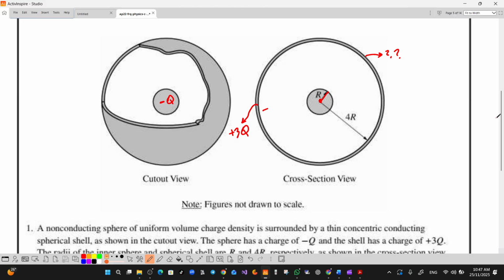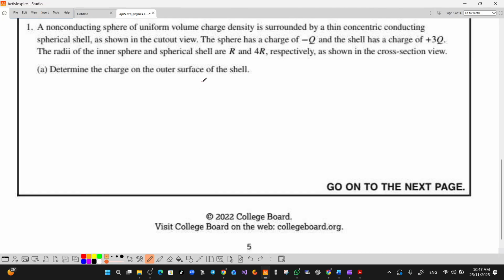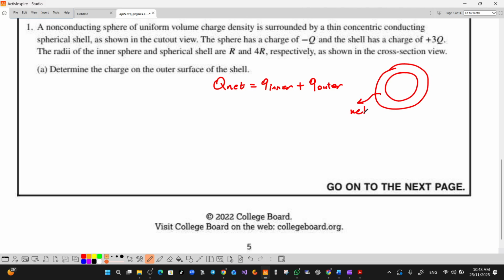To determine that, we know that the net charge of any object, if it's a conductor, is given by Q inner plus Q outer. So for a shell, the net electric charge consists of the inner distribution of charges and the outer distribution of charges.